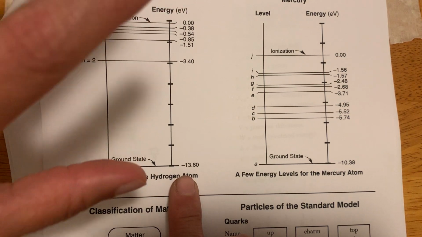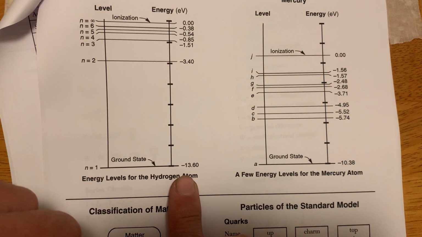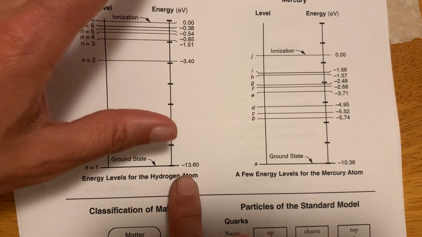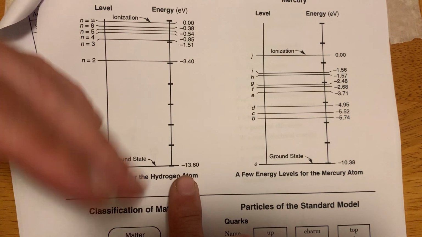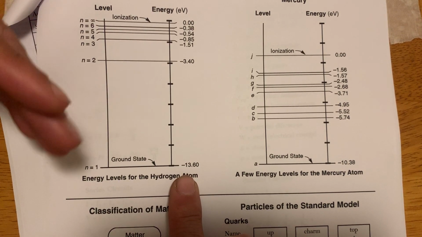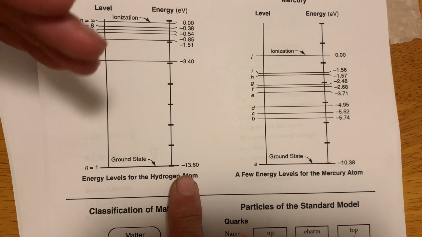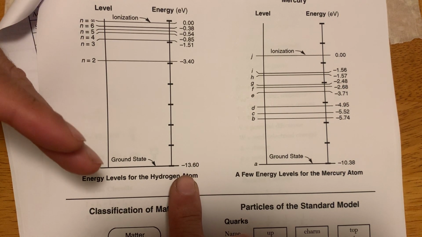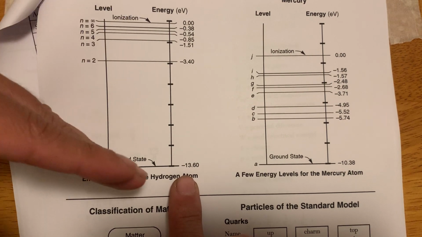Energy from all the elements, hydrogen, mercury, whatever, it's quantized. It cannot accept anything. It's predetermined. Nature has already predetermined what values an atom is allowed to absorb or emit.